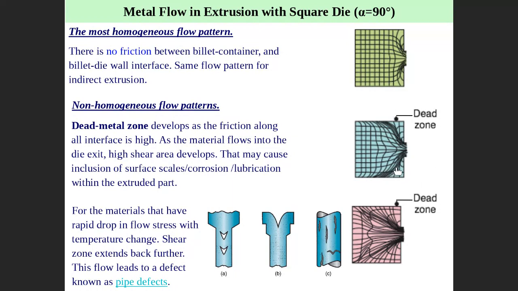Dead zone means this area will never flow, because the material will flow in this kind of pattern. The dead zone will not be able to flow because of friction. Whenever friction increases, the dead zone grows. Can you see that? The dead zone is small here, and bigger here.